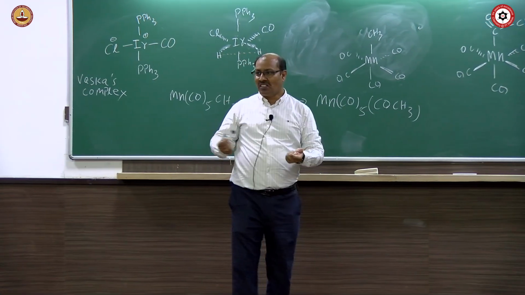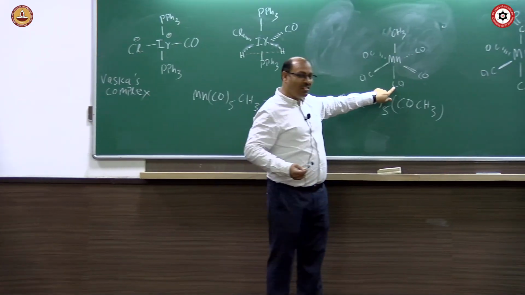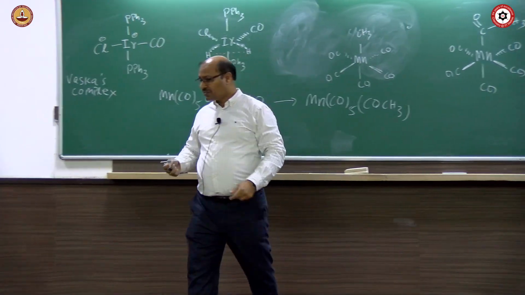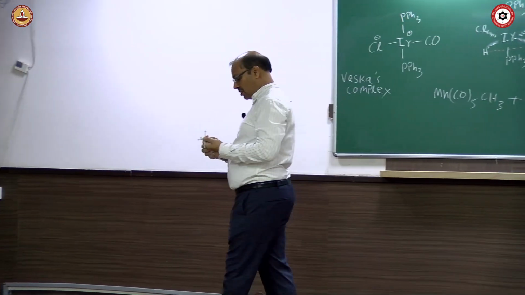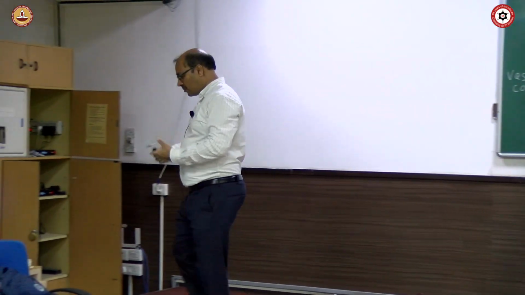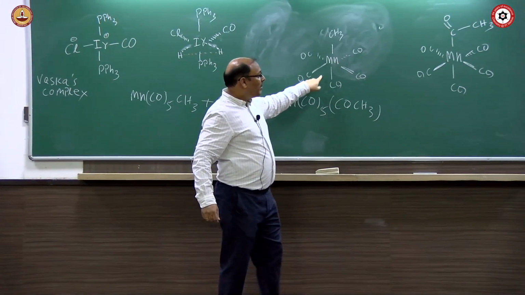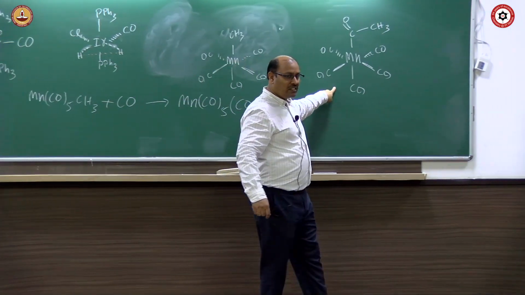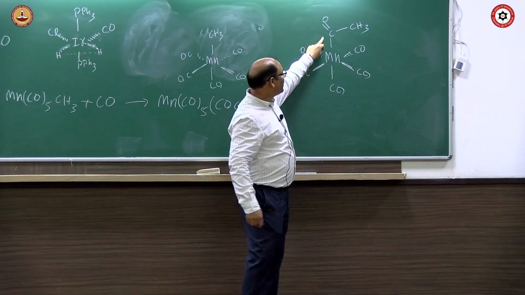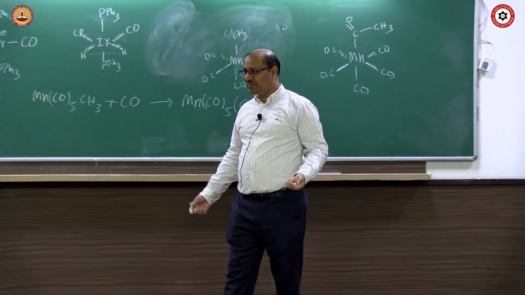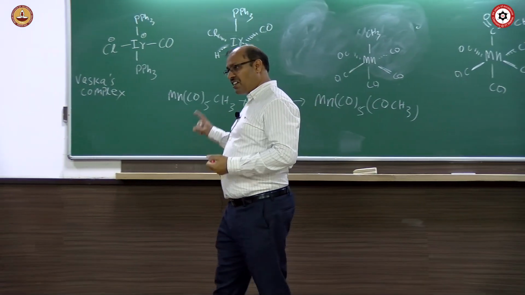The way you draw, that's up to you. MnCO5CH3 I draw like this, MnCO5COCH3 I draw like this. Likewise, COCH3 I can draw anywhere, right? No problem. So, I decided to put it there.